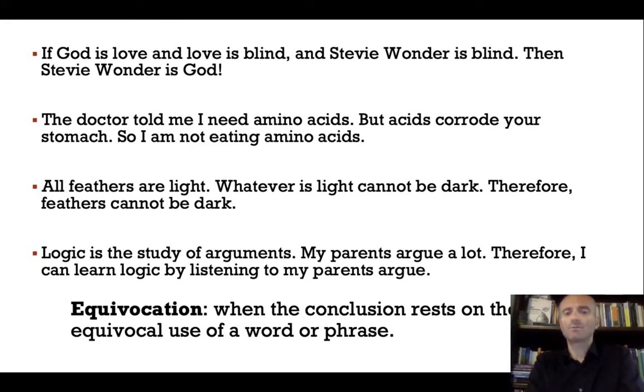Logic is the study of arguments, true, and your parents argue a lot, but the arguing of your parents is not the same thing as the study of arguments in logic. That's the equivocation.